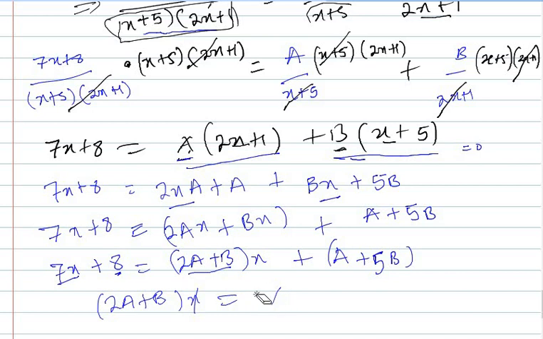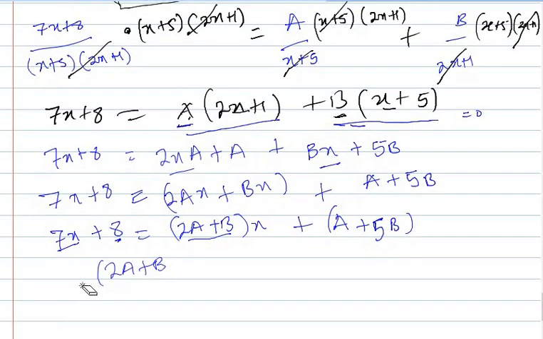No need to take the x. So you can just say 2a plus b is equal to 7. That's for the coefficient of x by comparing, and that's equation 1.